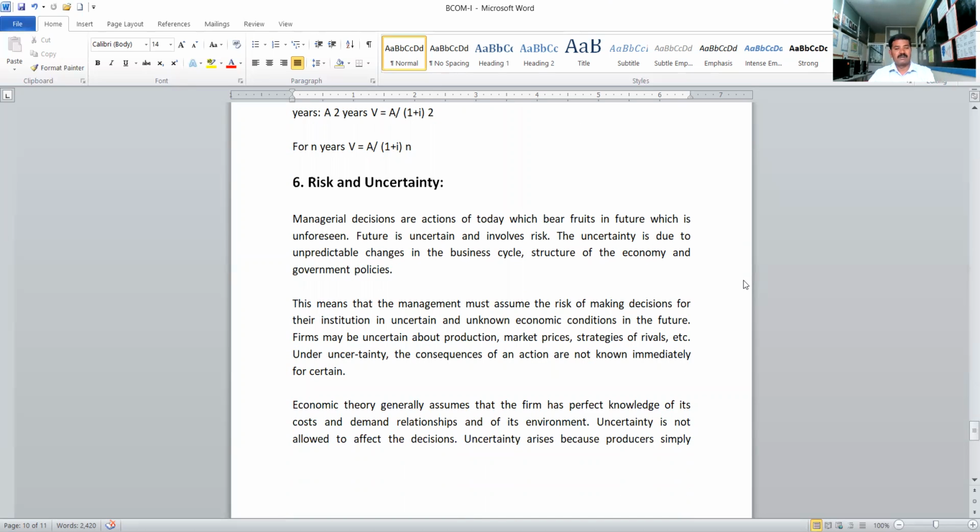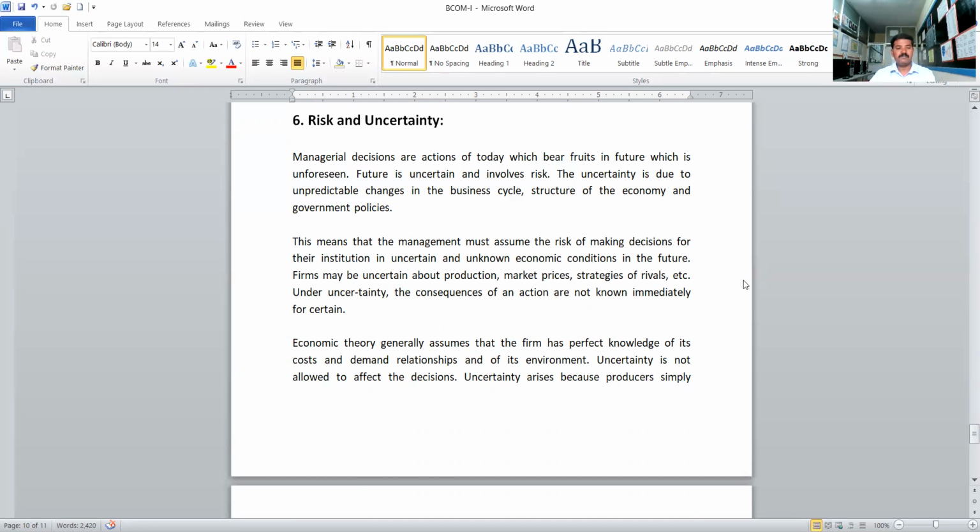This means that management must assume the risk of making decisions for their institution in uncertain and unknown economic conditions in the future. Firms may be uncertain about production, market prices, strategy of rivals, etc. Under uncertainty, the consequences of an action are not known immediately for certain.